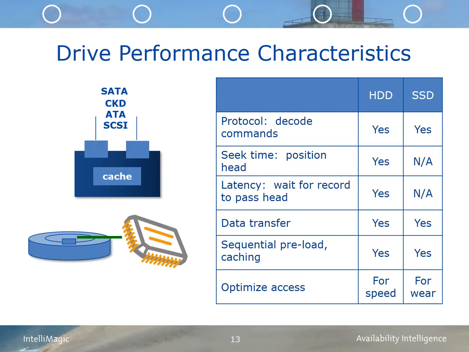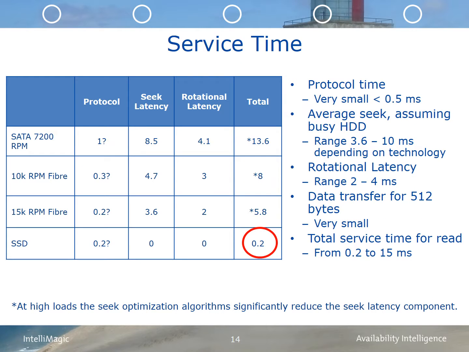In terms of data transfer, they're both going to have to transfer data. And in terms of sequential preload caching, they're both going to have algorithms to try to prefetch data that they anticipate will be requested soon. The other thing about the access, they're both going to optimize it, but for HDDs, it's going to be for speed, whereas for SSDs, it's going to be for wear.